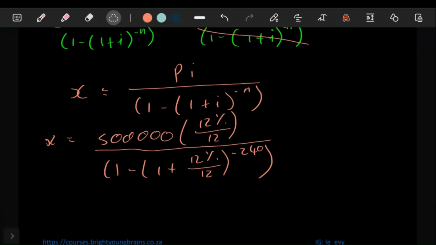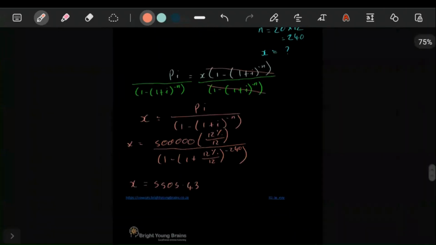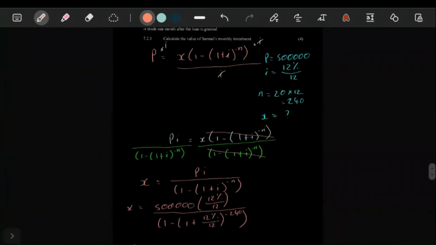The calculator is giving us 5,505. So you see x here, 5,505, right? To 2 decimal places, it'll be 0.43. You see. So that's that. Nothing crazy. Let's keep moving forward.